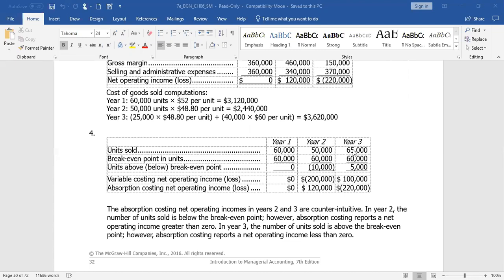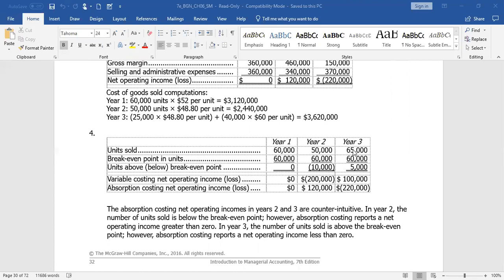So in year 2, when 10,000 fewer are sold than the break-even, you would think it would produce a net loss. And vice versa in year 3, when there's 5,000 more sold than break-even, that should indicate a profit. Well, under variable costing, that is the result, but not under absorption costing.